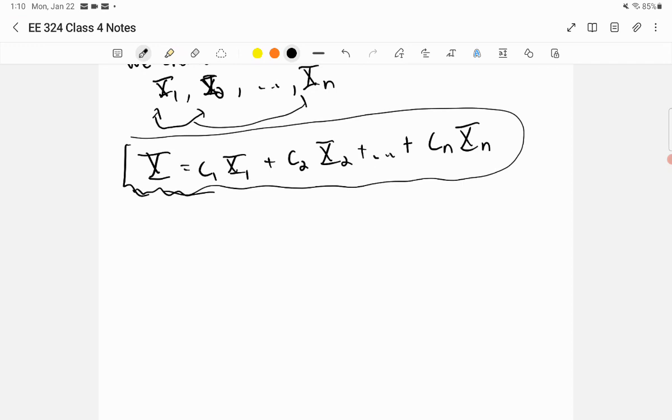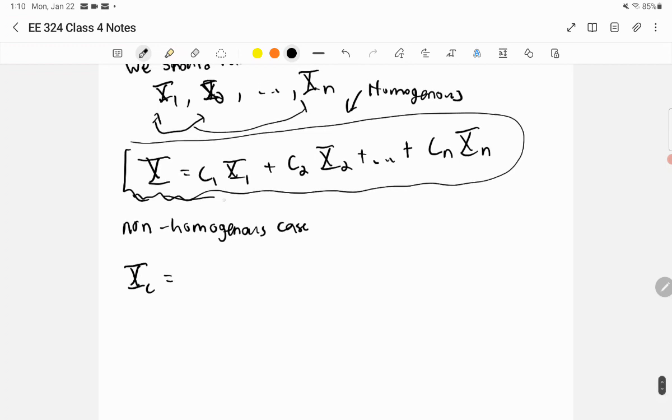And then in the non-homogeneous case, just like before, we're going to have a complementary solution, which is the solution where the vector f would be equal to the 0 vector, right?